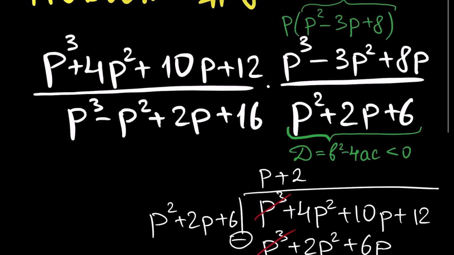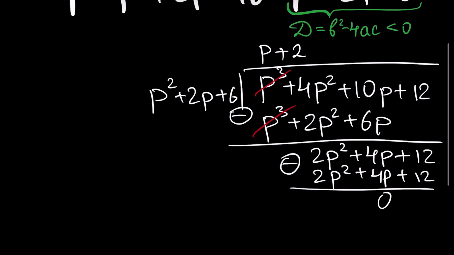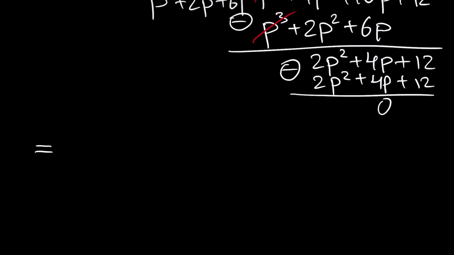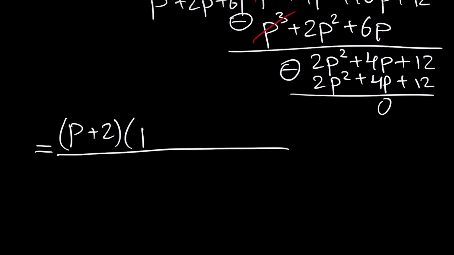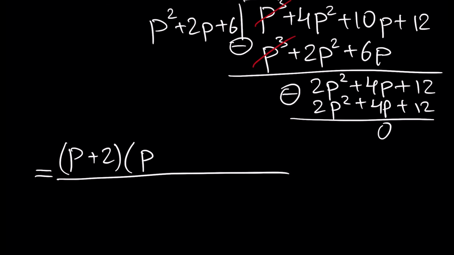And we can rewrite our problem and write this polynomial as a multiplication of the two polynomials we found. Our problem will be p plus 2 times p squared plus 2p plus 6.